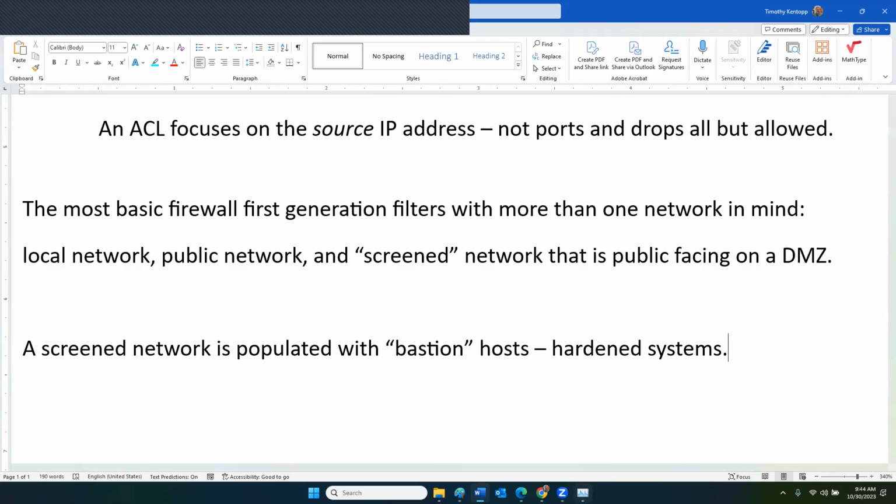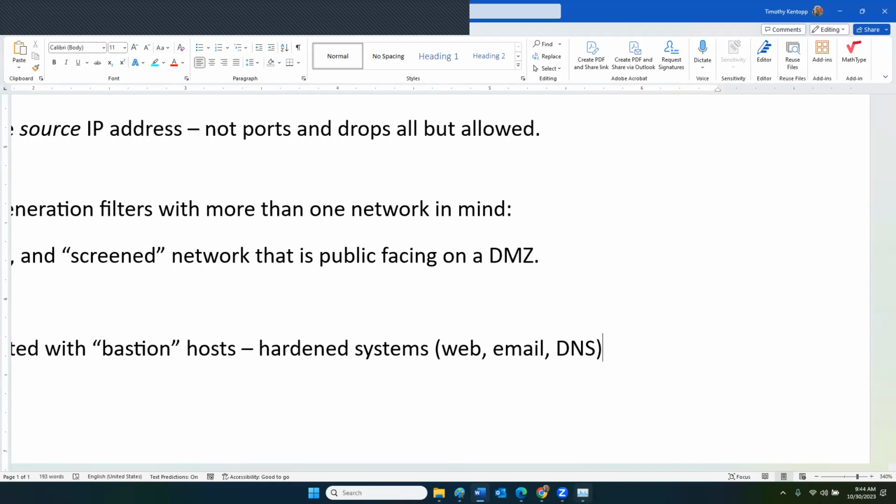We're talking about web servers, email servers, DNS servers, okay? So that's what we're talking about.